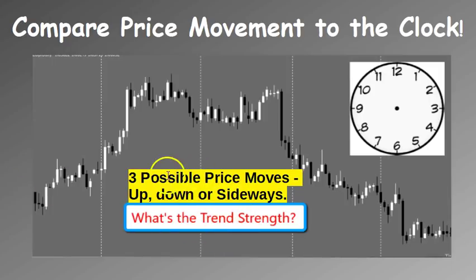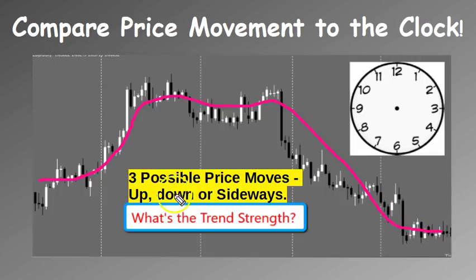Okay, now we want to take a look at a chart and see how that relates to the clock. So when you're looking at a chart and you're looking at the trend, there are only 3 possible price moves. So price can either just go up, down, or sideways, right? Now I'm going to take my drawing tool. You can see price is going like this, going like this, going like that, okay? Like that, and then like that, and like that.